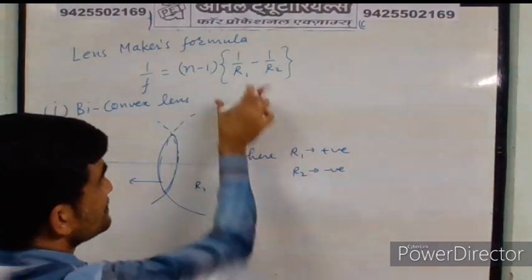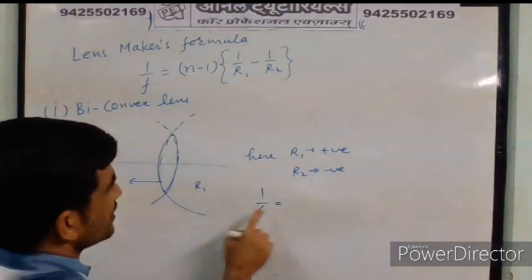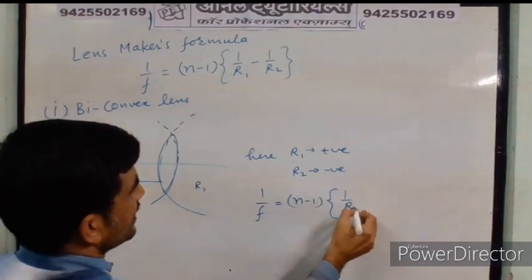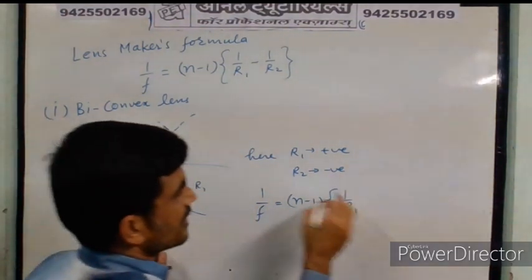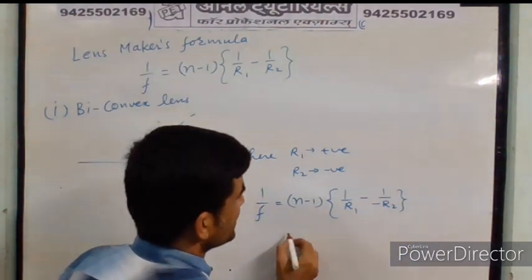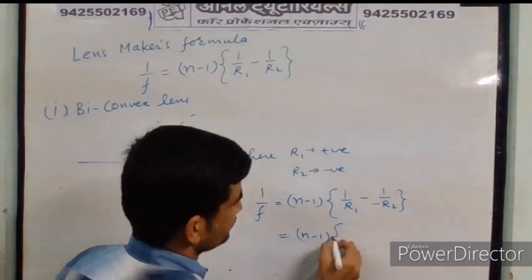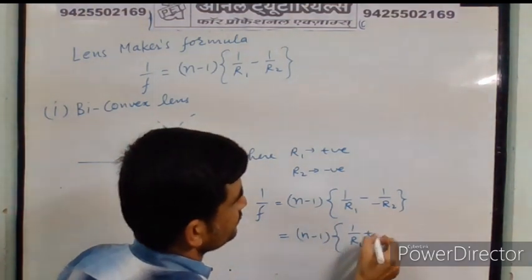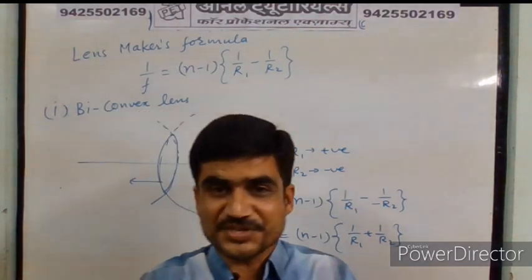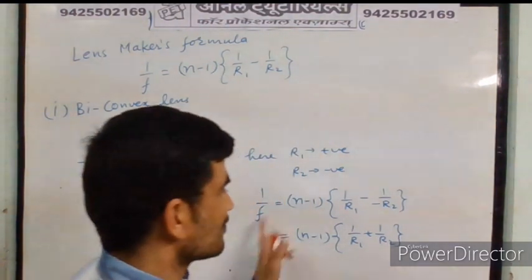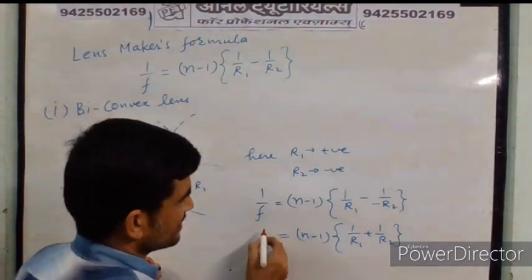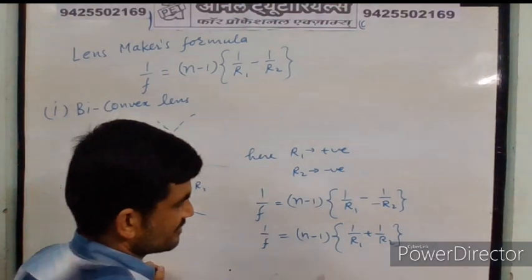So what shall we get? 1/f is equal to (n - 1) times (1/R1 - (-1/R2)), minus of minus becomes plus. Clear? So when both sides are convex, this total quantity will be positive and f will be positive.